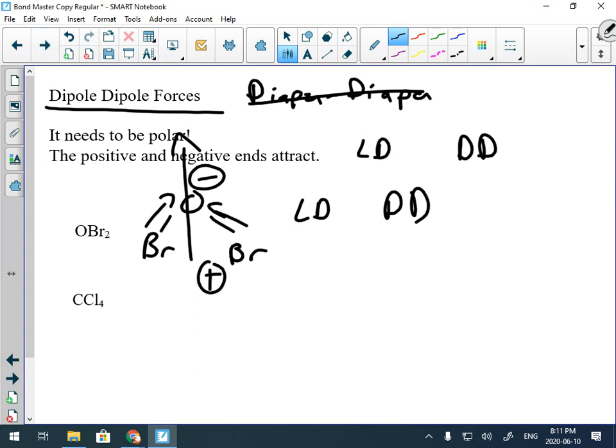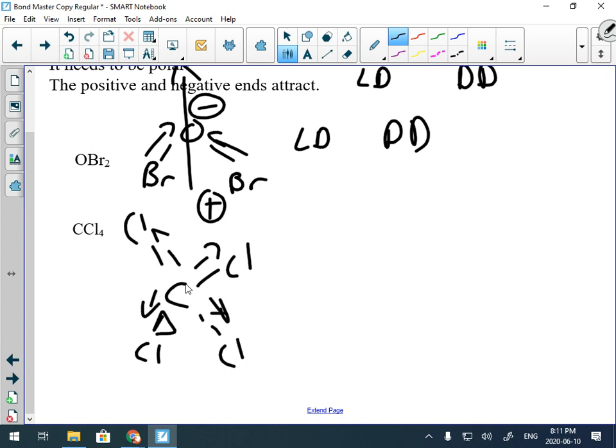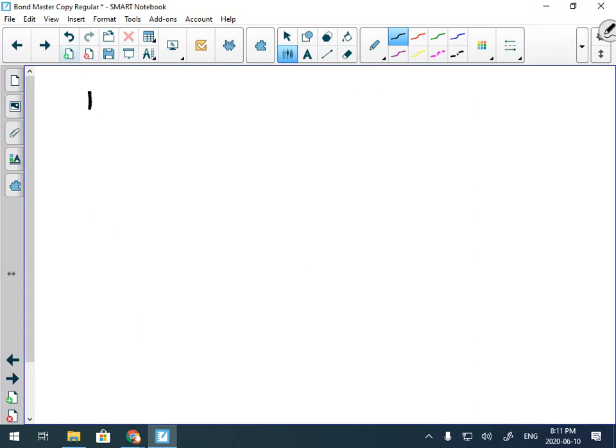Now, CCl4, if you were watching the other video, good chance this is a tetrahedral, and it is. And if we draw all the little dipole arrows going out, they're all going away from each other. So there is no polarity here. This has London dispersion, but no dipole forces. Dipole forces are magnitudes stronger than London dispersion. And that may explain why something like water, which is polar, right?